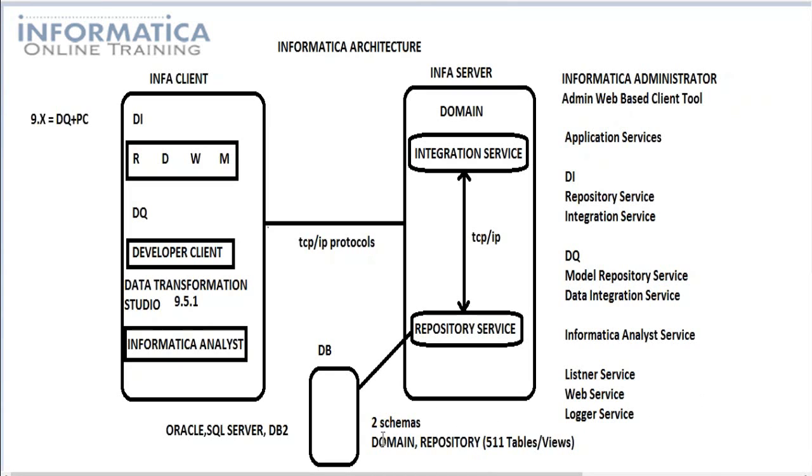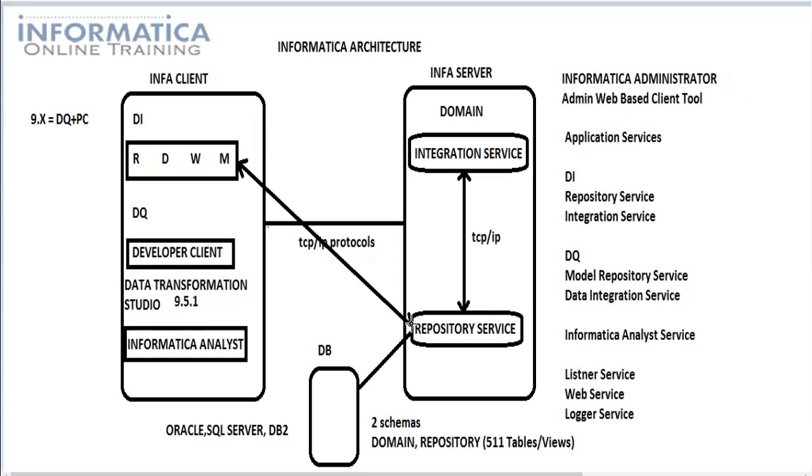So why do you have to give this repository database connection or schema connection? Where do you configure this repository service? You configure it within the client tools, right or wrong? If you want to perform any data integration operation, any mapping, first of all you have to log in to these client tools.